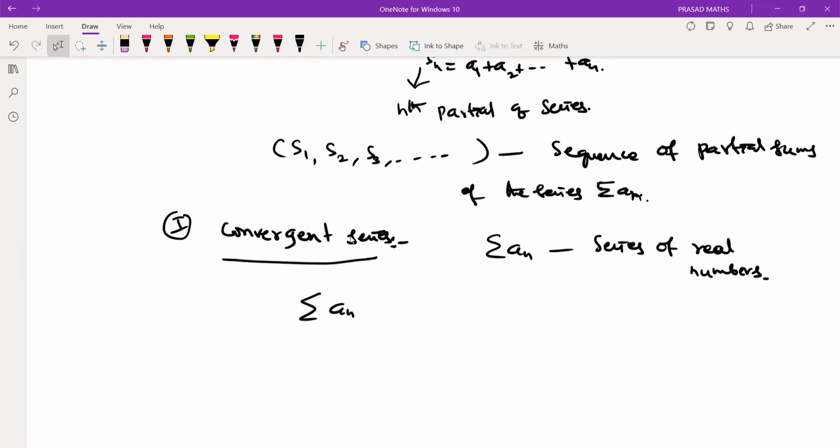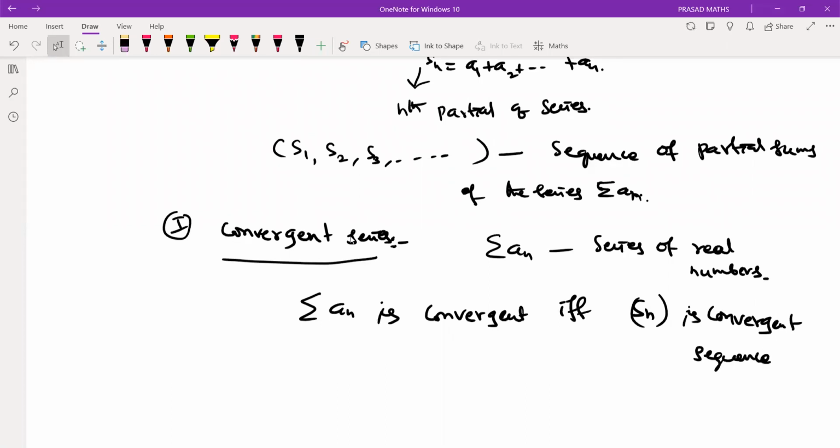We say that this series is convergent if and only if the sequence of partial sums is convergent. Understand what is my Sn? My Sn is nothing but the sequence of partial sums: S1, S2, S3, S4, S5. So to know the behavior of the series, whether it is convergent or not, what I do is look at the behavior of the corresponding sequence of partial sums. Suppose Sn is a sequence of partial sums; if it is convergent, we can say that the series is convergent.